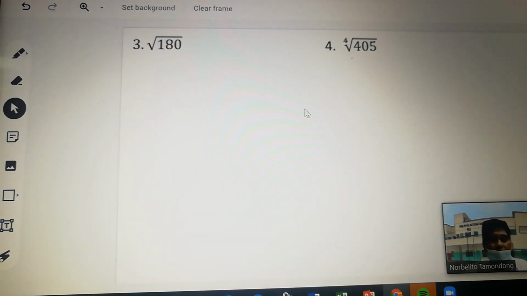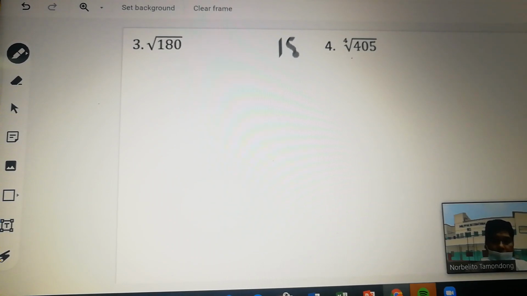Okay, for number 3 and 4, number 3 is a perfect square factor. You are going to find a perfect square factor of 180. Now, pag natataasan kayo sa number 180, then apply divisibility rules. Apply decomposition.